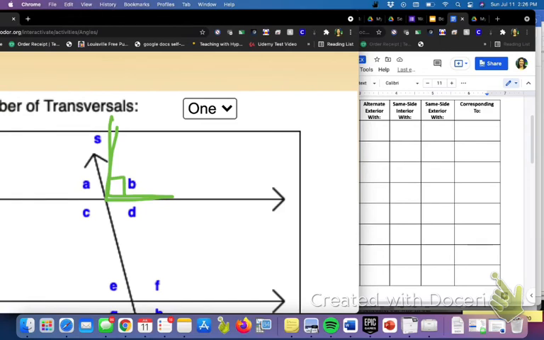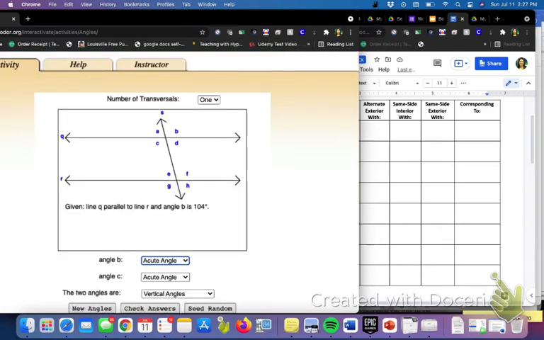Well, angle B clearly opens up and it's bigger than 90 degrees, right? Because it opens up farther back. It doesn't just go straight up. So this is an example of an angle that is greater than 90 degrees. So which one of those options is greater than 90 degrees? That means angle B would be an obtuse angle.